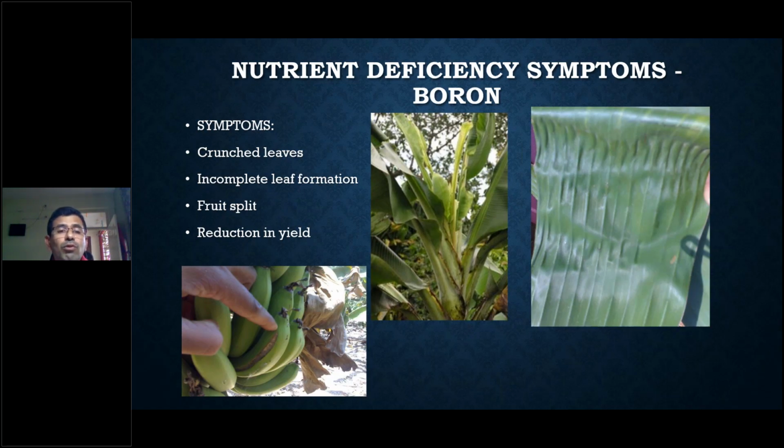Never allow over maturity, and never give excess water to the plant, as both lead to fruit split. So 1 or 2 days before harvest, maintain the water at a nominal level. Don't give excess water.